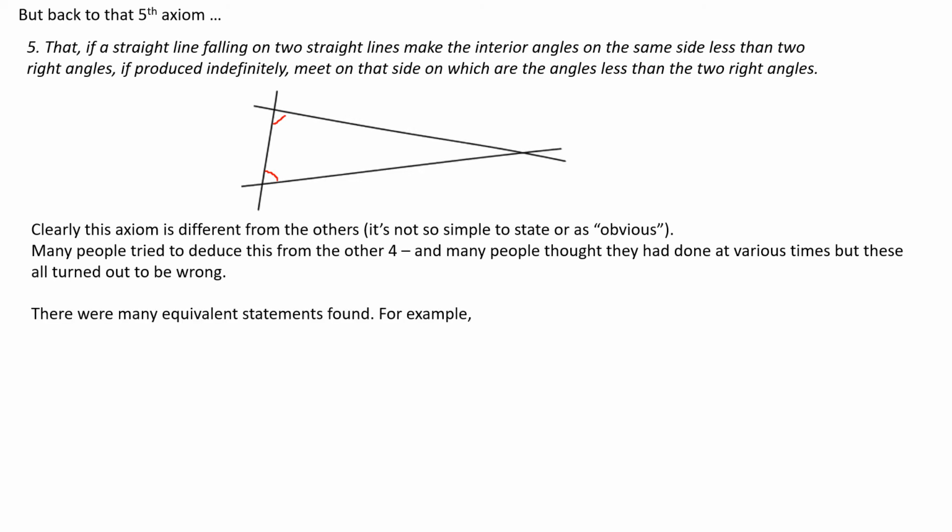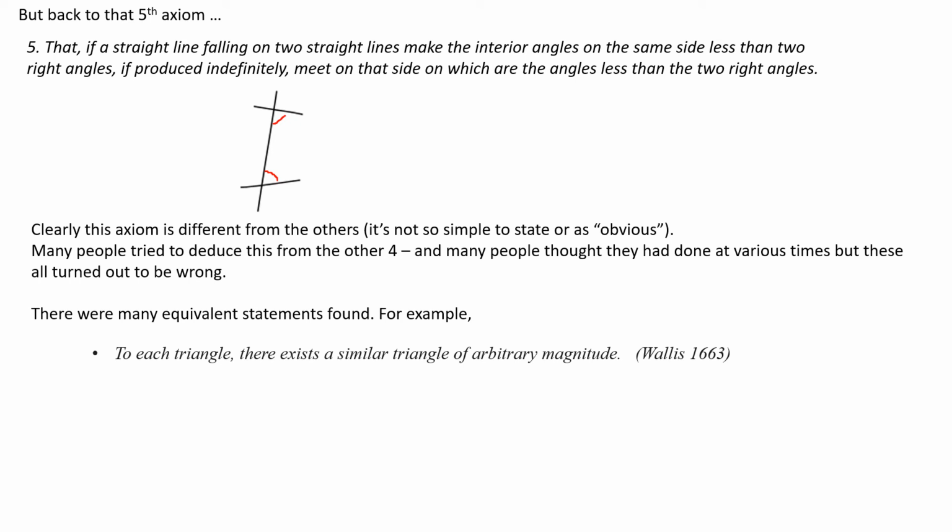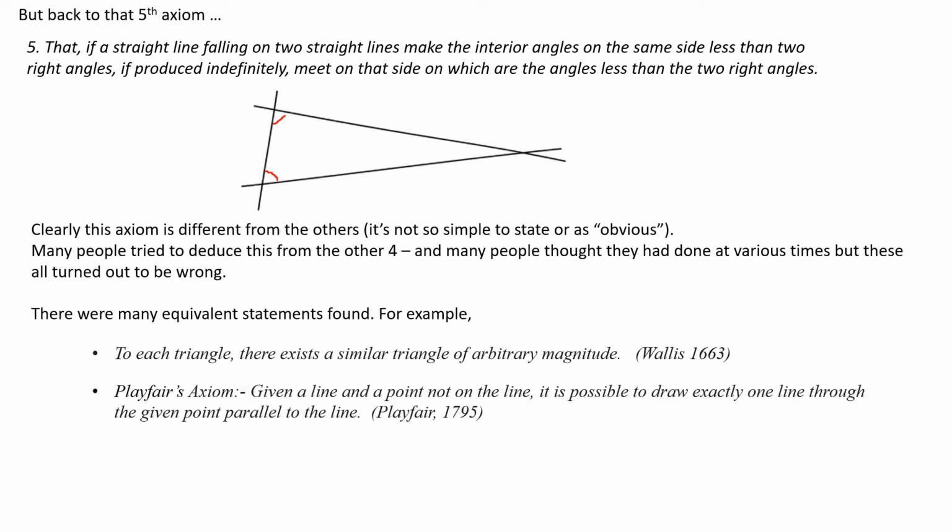They managed to find equivalent statements. For example, Wallis in 1663 proved that to each triangle there exists a similar triangle of arbitrary magnitude. So this is an equivalent statement to the 5th axiom. Another famous one, so-called Playfair's axiom, is that given a line and a point not on the line, it is possible to draw exactly one line through the given point parallel to the line.